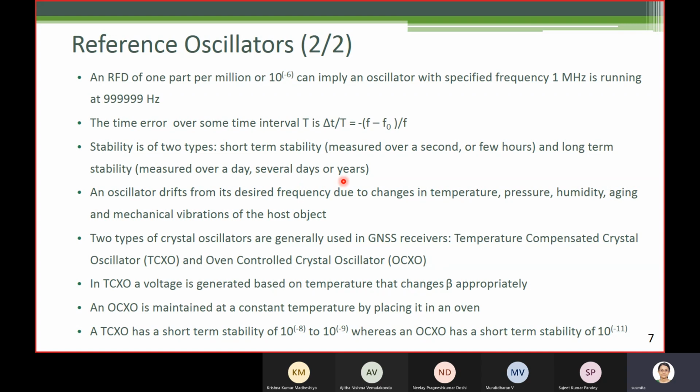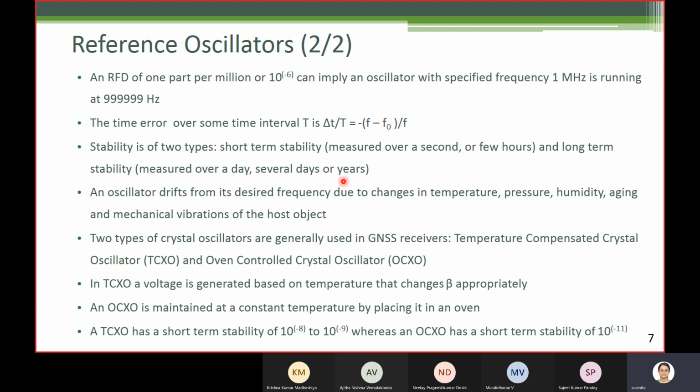I have seen oscillators where the long-term stability is given over a few years. Generally, oscillator manufacturers report both short-term and long-term stability, and long-term stability is reported over a few years, 3 years, 5 years.